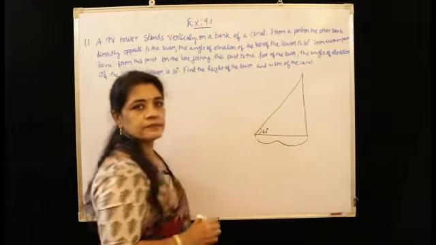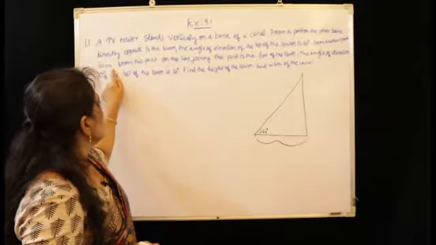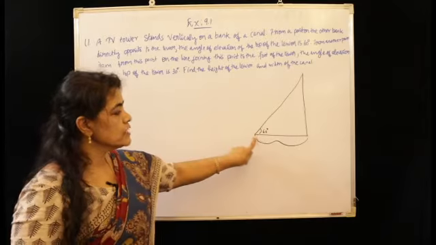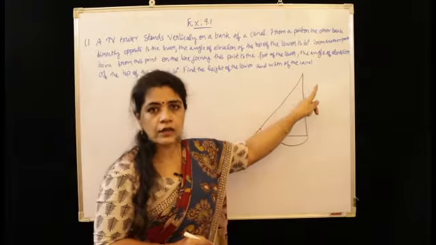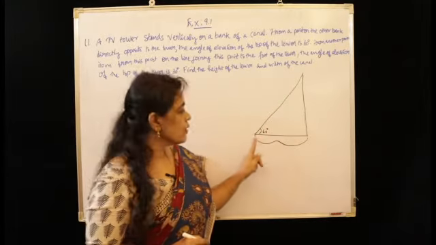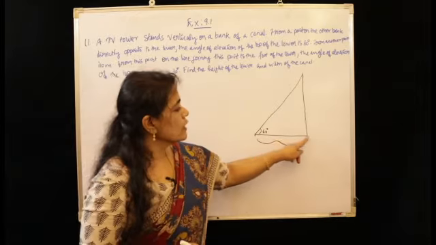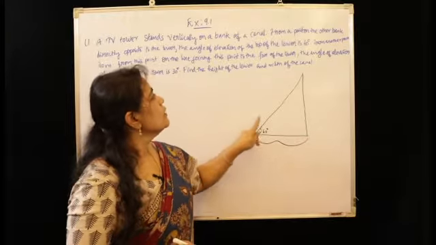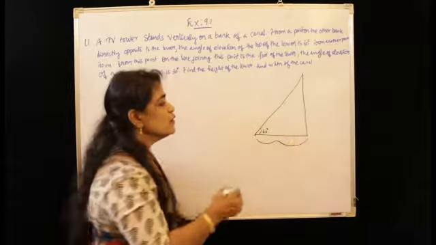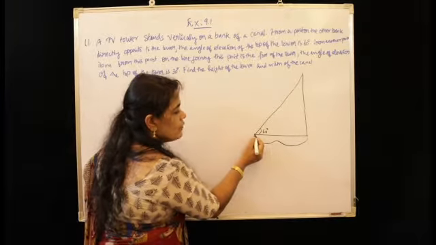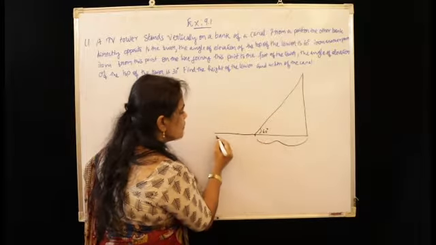From another point 20 meter from this point means this is the point where we have marked the angle of elevation to the top of the tower, that is 60 degree, and from this point, on the line joining this point to the foot of the tower, this is the foot of the tower, that means we have to extend this line and we have to mark a point which is 20 meter away from this point.